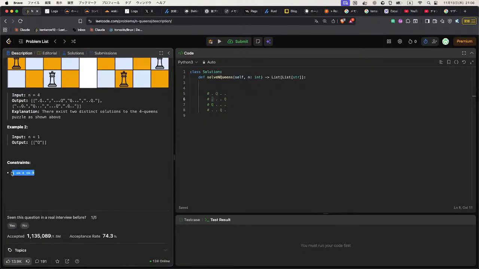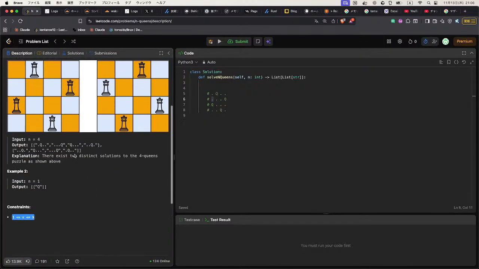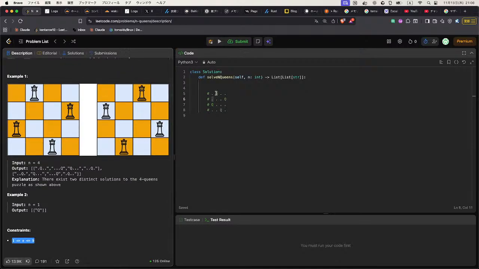Let me see the size of n. N is not too big, okay? So we can have a set of the column numbers where we have already placed the queens, so we can check it easily for the vertical direction.